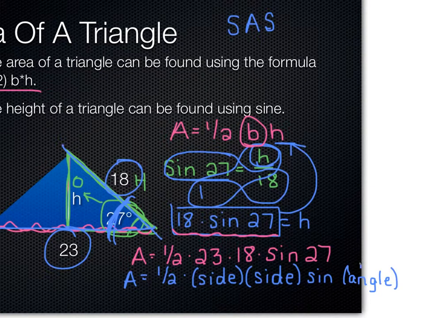Okay, and again, that has to be the included angle. So that's the angle in between these two sides. But what that lets me do is find the area of a triangle, even if I don't know the height. Okay, I didn't know the height in this triangle. Even if I don't know the height, as long as I know this angle in between the two sides. So that's where this new area formula comes from. Okay, and we're going to practice with it in just a minute.